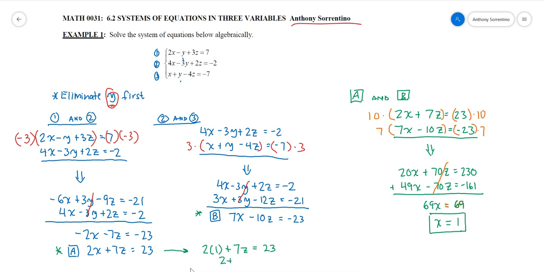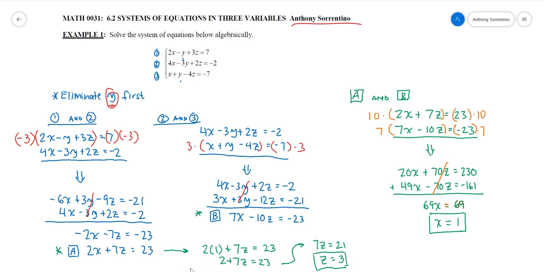So 2 plus 7z equals 23. Subtracting 2 from both sides, I would have that 7z equals 21. And dividing both sides by 7 would mean that z is 3.